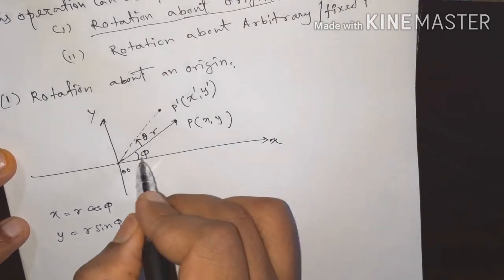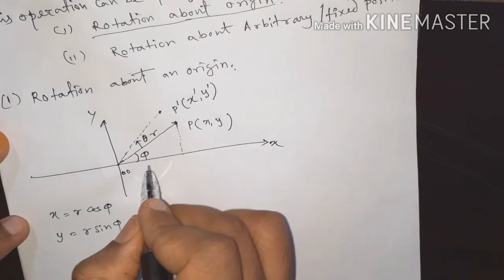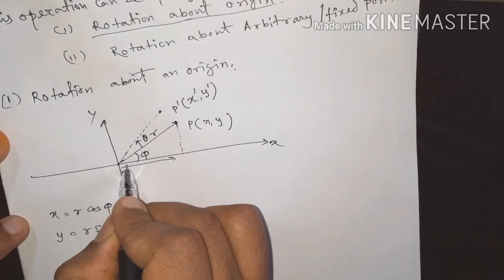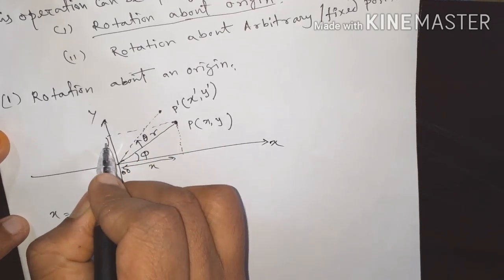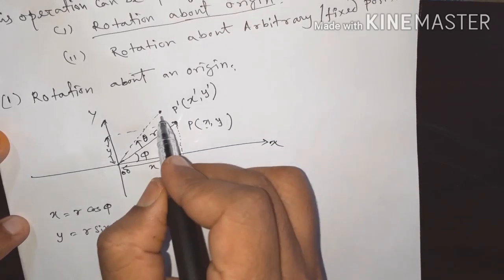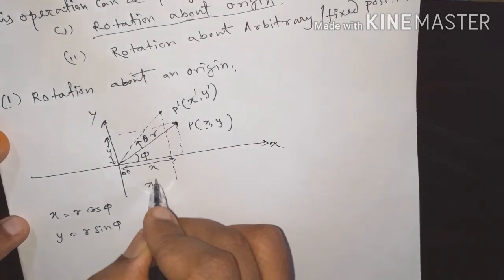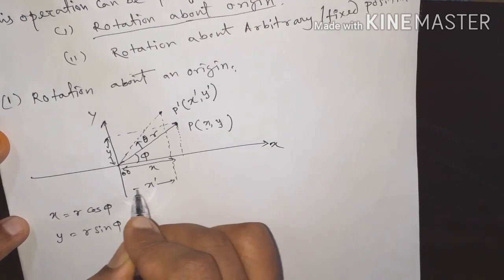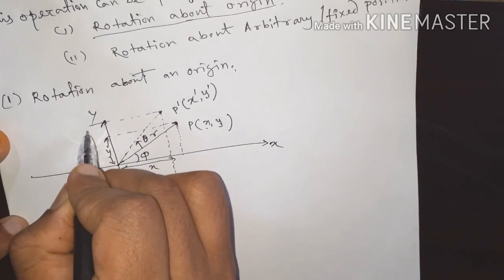So this distance is x and this distance is y, and the coordinate is x, y. The new coordinate is x prime, y prime.